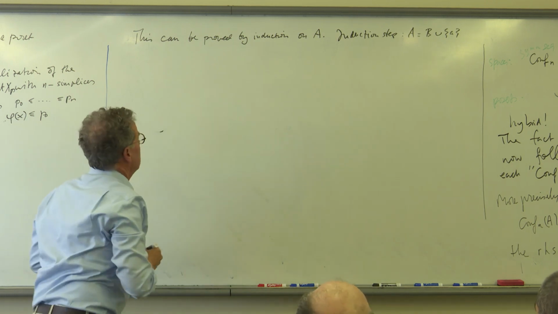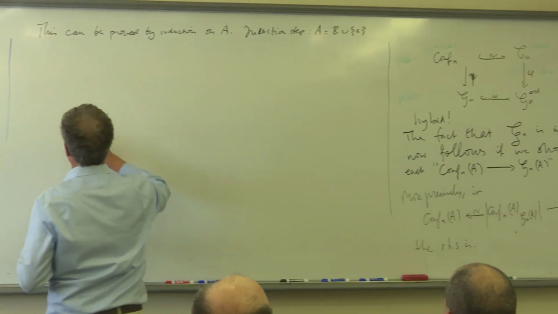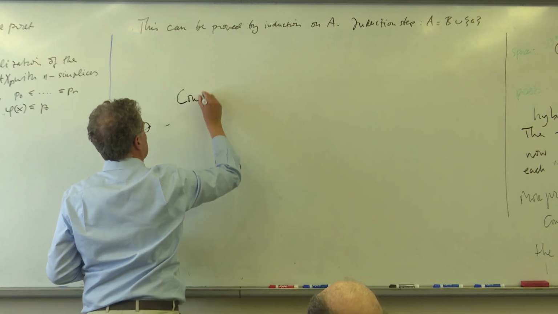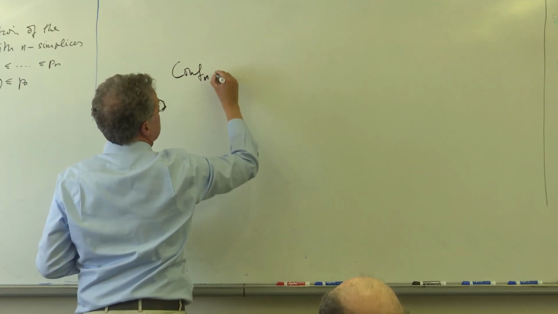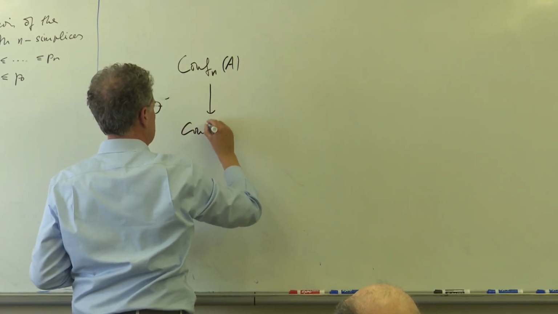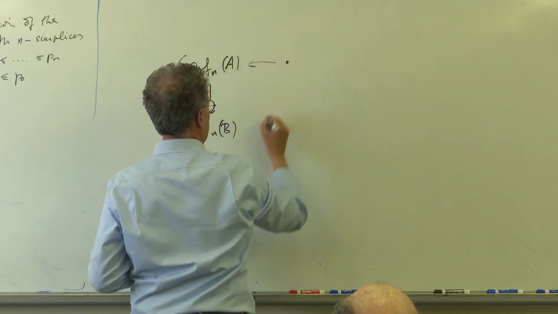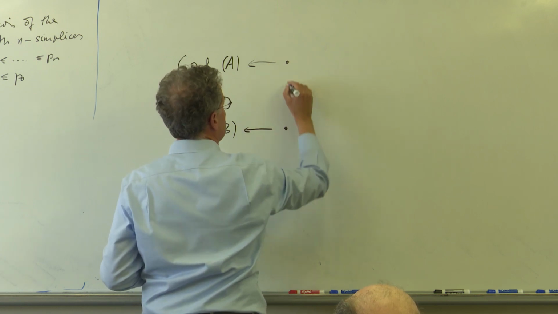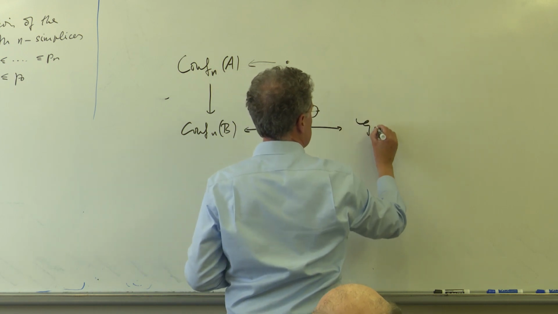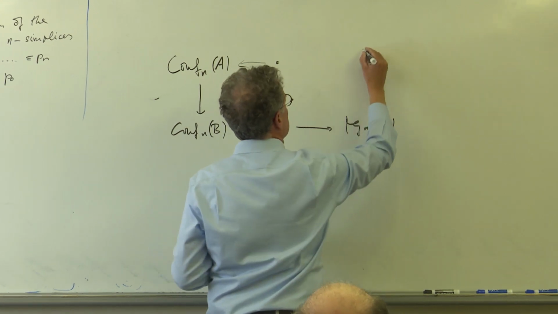And now I'm going to look at these maps. So if you're taking notes, leave some space above. Conf_n of the larger A, I'm not going to copy the thing in the middle, GnA, B, GnA.